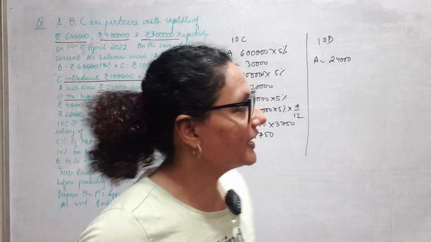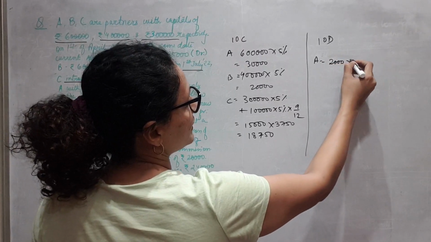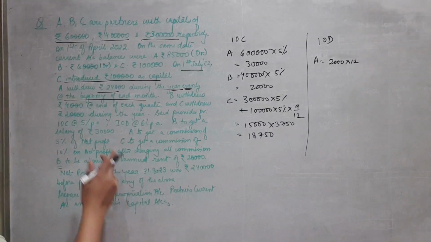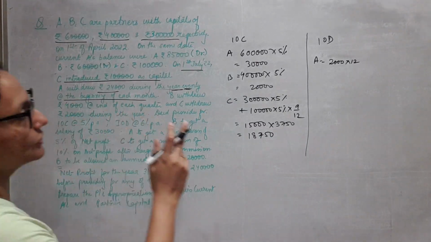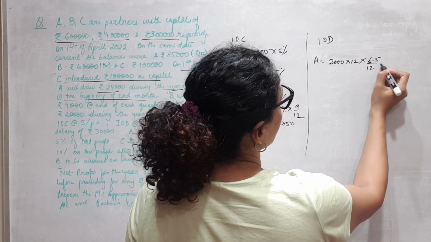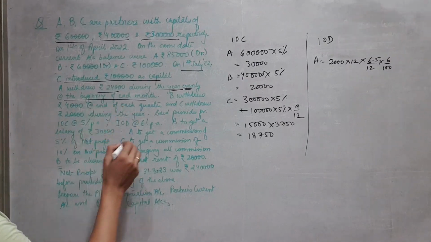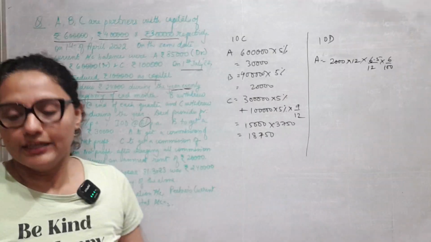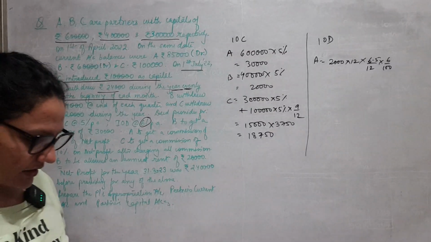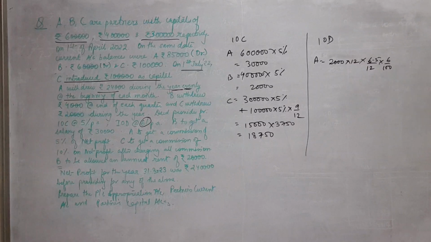That should be clear. Okay. This 24,000 has come as 2,000 into 12. Okay. And at the beginning of each month, so your average period is 6.5 by 12. The rate of interest is 6%. So that comes to, beginning of each month, isn't it? Beginning of each month.